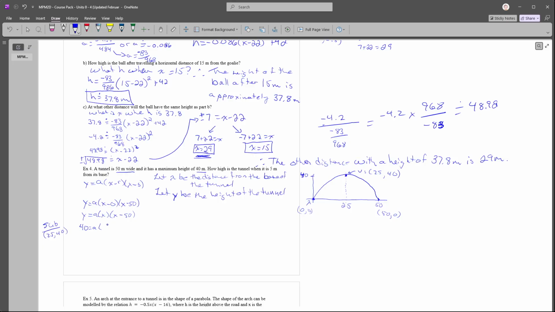What is x? X is 25 times 25 minus 50. Okay, so we have 40 is equal to a times 25 times 25, that's 625, because 25 minus 50 is negative 25. So that's actually negative 625. Well, I don't want to write it like that because that's going to look like a minus 625. So we're going to fix that.